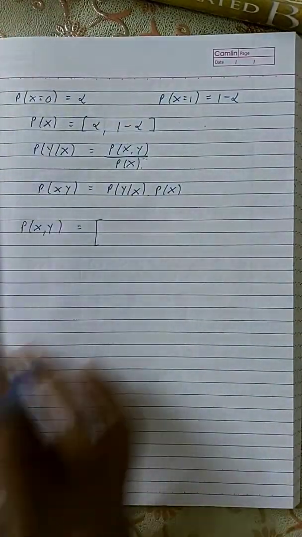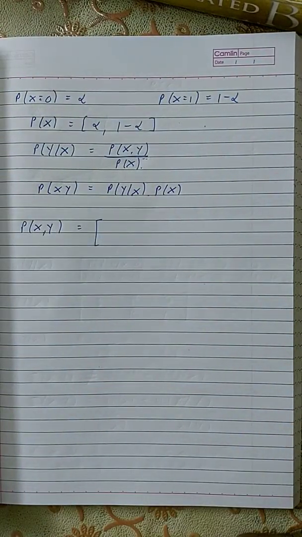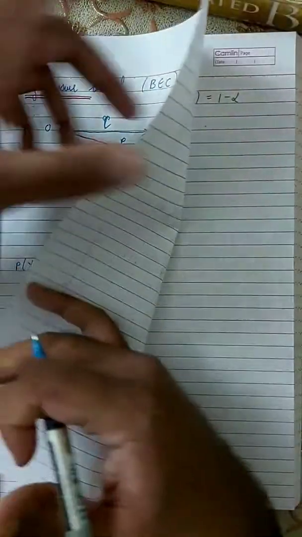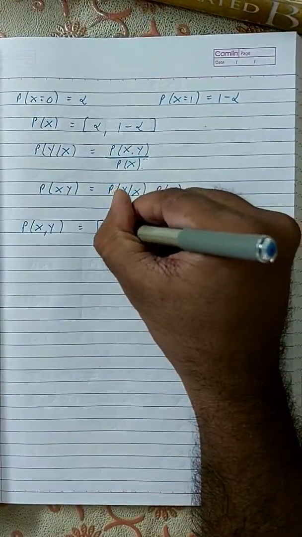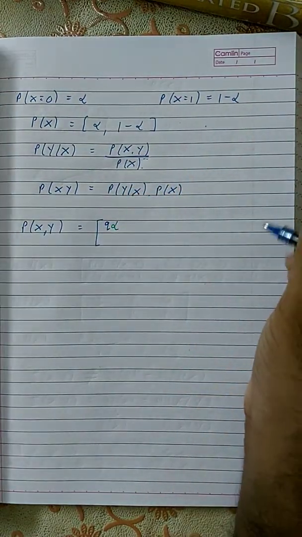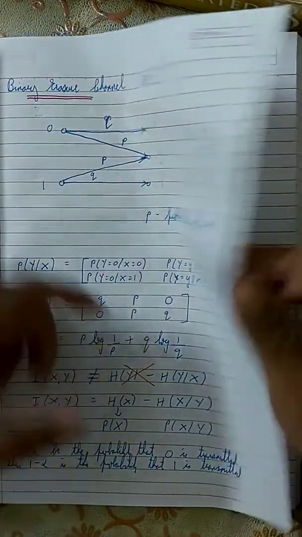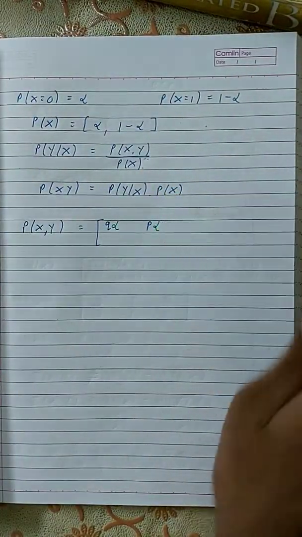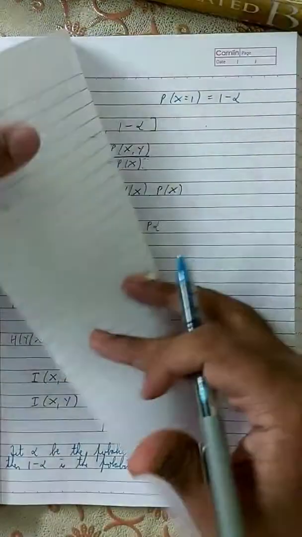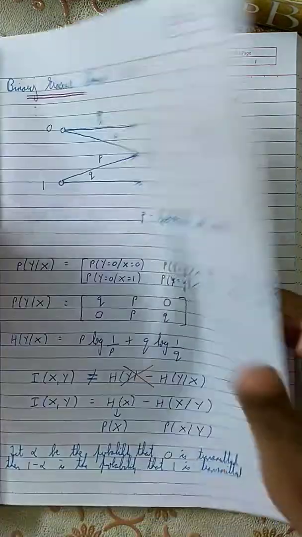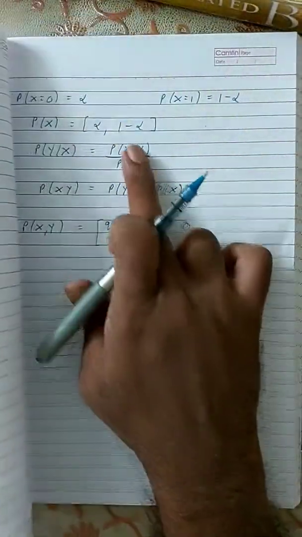Or in other words, I use another pen so that you can understand the difference between these two. So p of xy is equal to, let me see, Q into alpha, the other one will be P into alpha, and the other is 0 into alpha is 0. Now in the second row, the second element is 1 minus alpha, right?